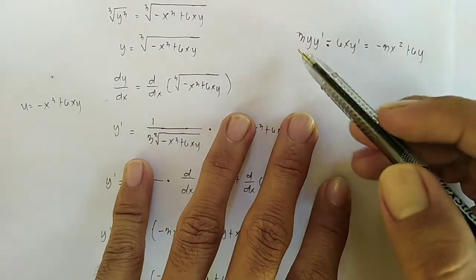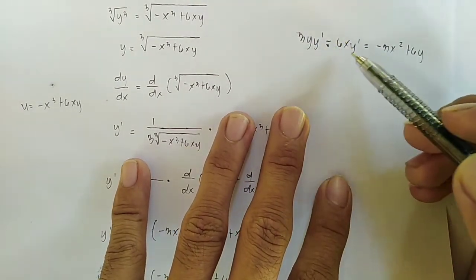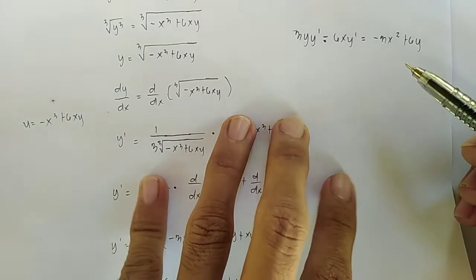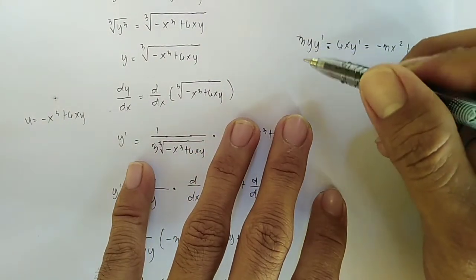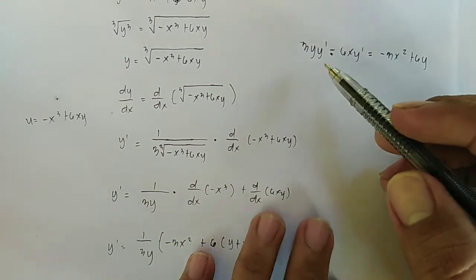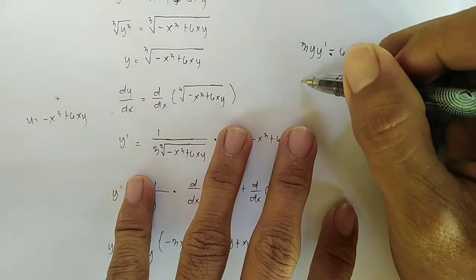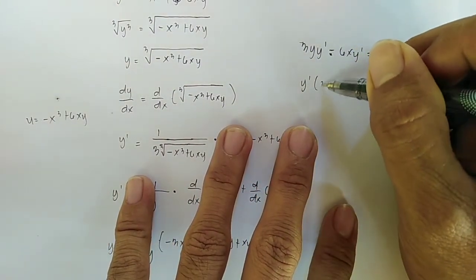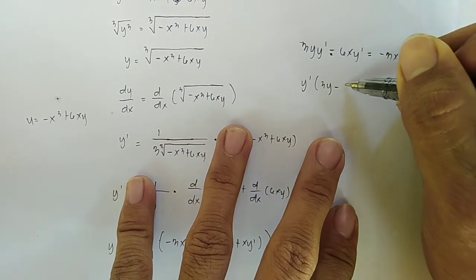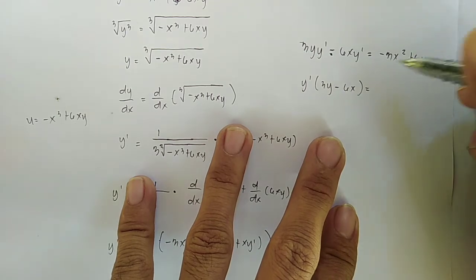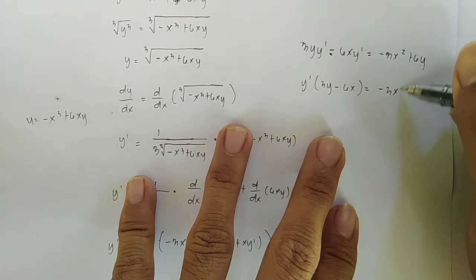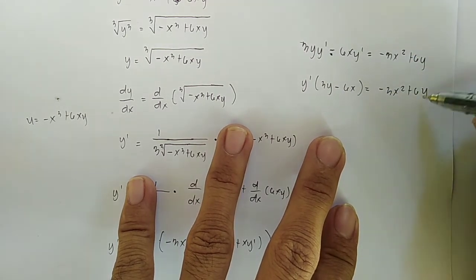We have 3y y prime minus 6xy prime is equal to negative 3x squared plus 6y. Notice that we can factor out y prime on this side. Factoring out y prime, you will get 3y minus 6x is equal to negative 3x squared plus 6y.